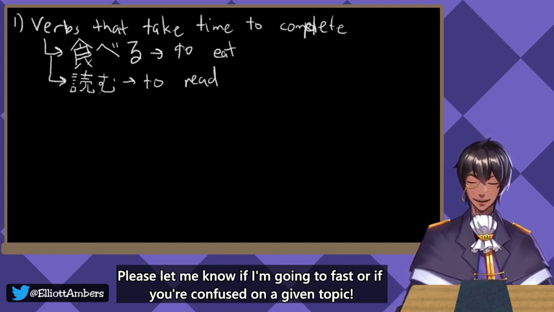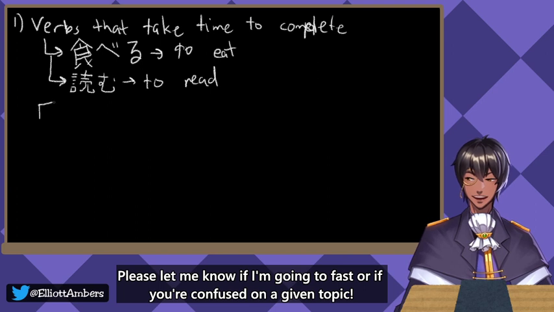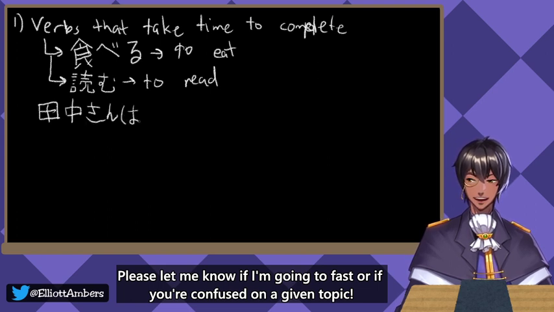For example, if I write the following sentence, Tanaka-san wa Nihongo o benkyou shimasu. Let me just write this out.